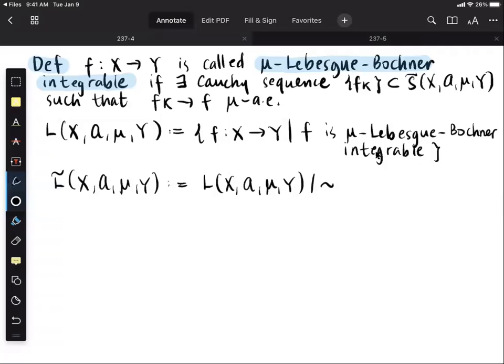And we will denote by this notation here the set of all mu Lebesgue-Bochner integrable functions on a pre-measure space X A mu into a Banach space Y. A tilde will denote the partition induced by the equivalence relation, and this equivalence relation is the equality almost everywhere.